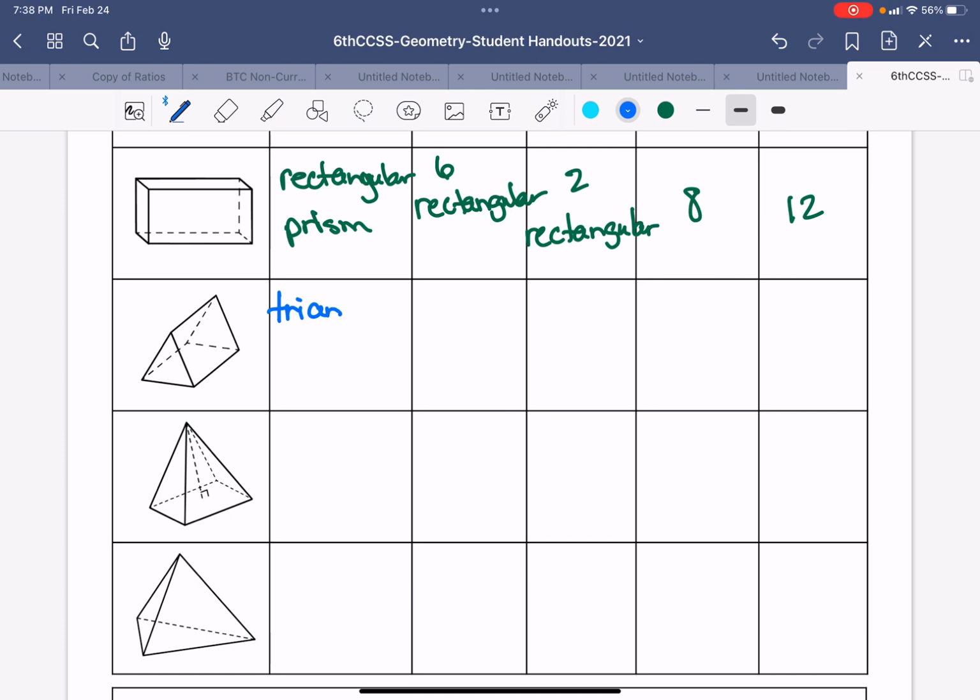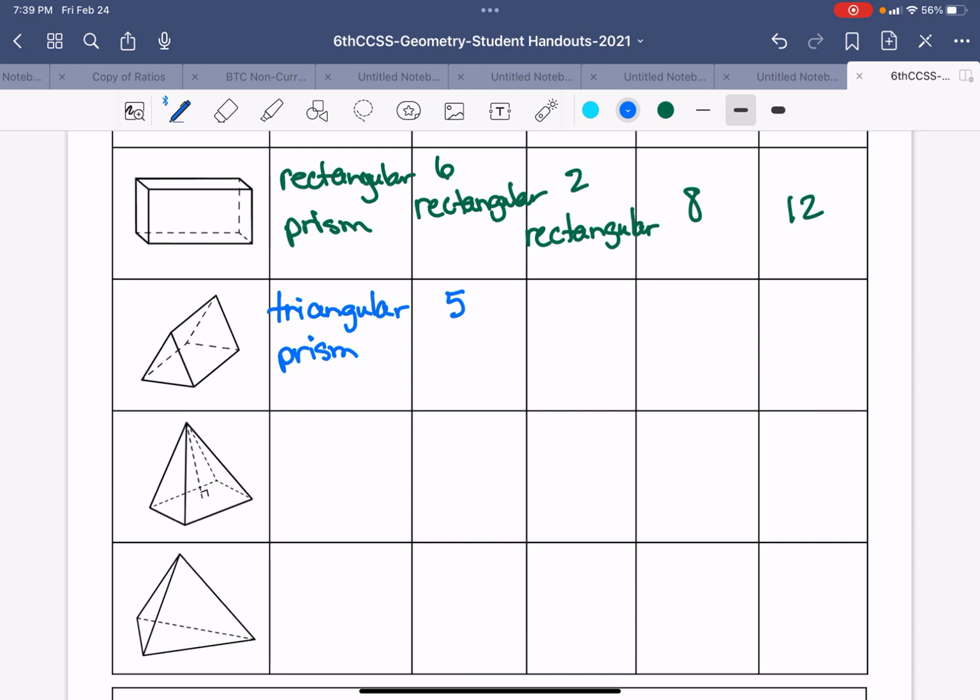This one is a triangular prism. It has 5 faces. Some are rectangles and some are triangles. It has 2 rectangular bases. Scratch that.